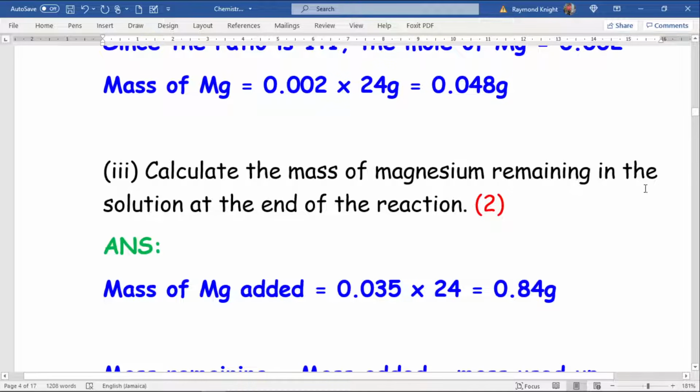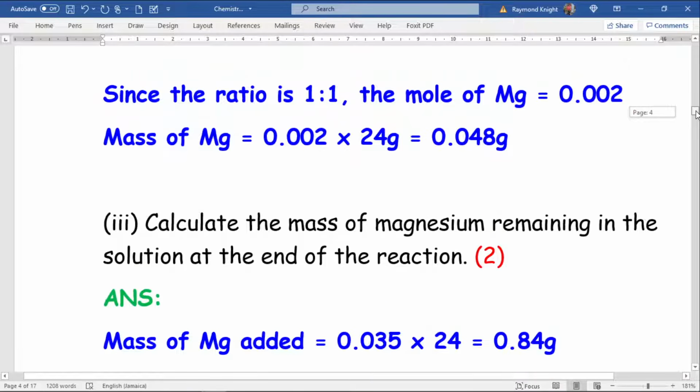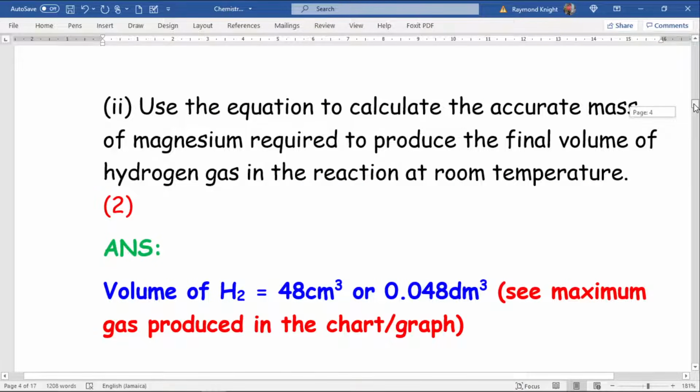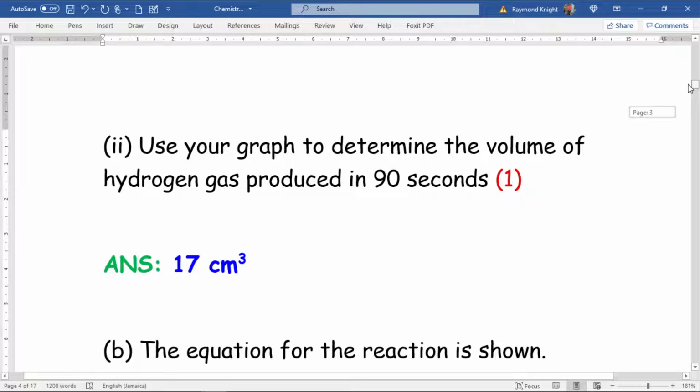First and foremost, let us calculate the mass of magnesium that we actually added to the entire thing. Let me go back to the equation right here, and it will show you our 35 in the question.